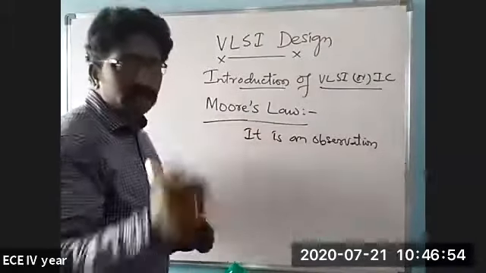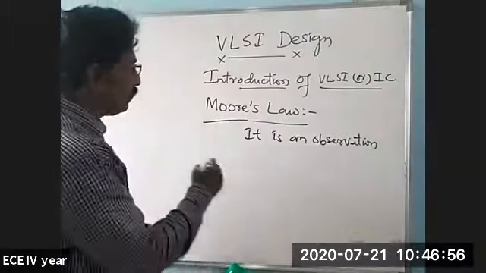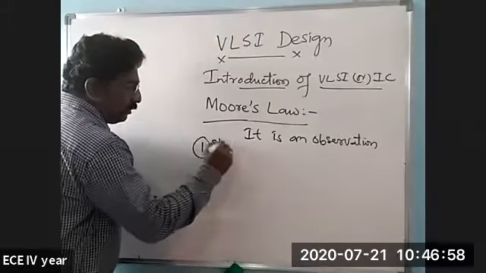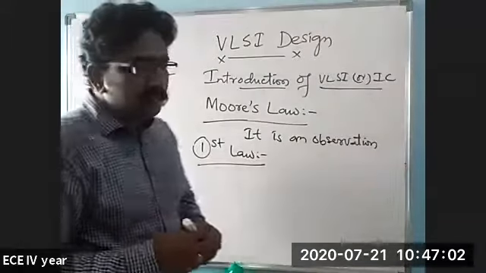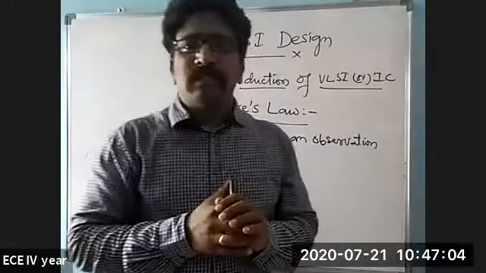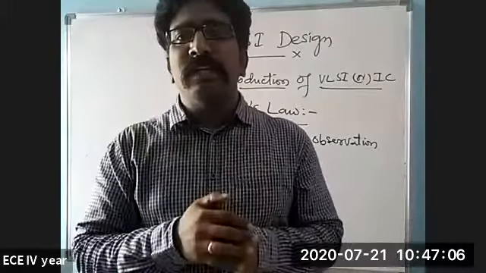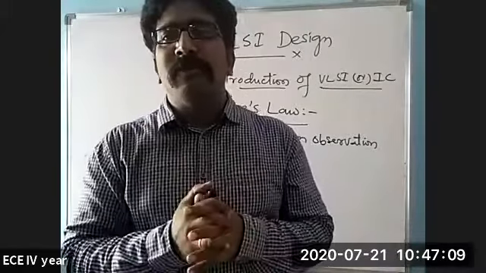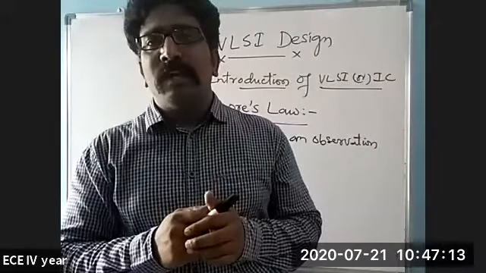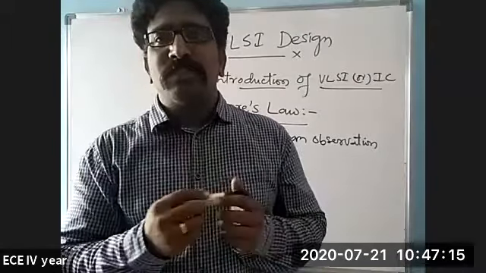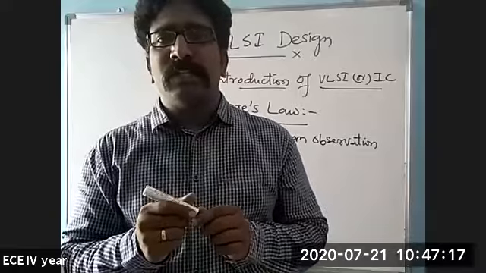There are two laws regarding Moore's law. The first law of Moore states that the number of transistors on a single integrated circuit will double every year. That was the first law which he stated.